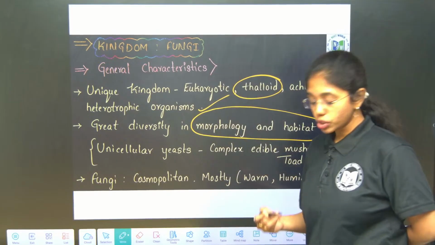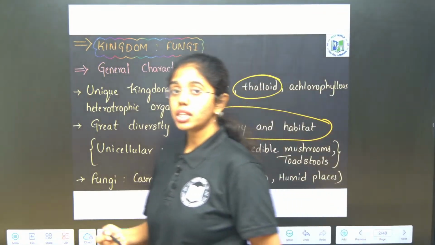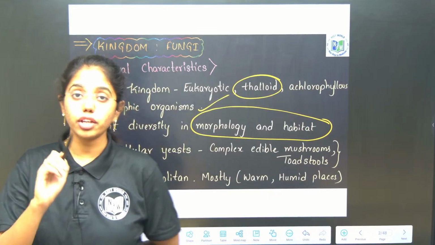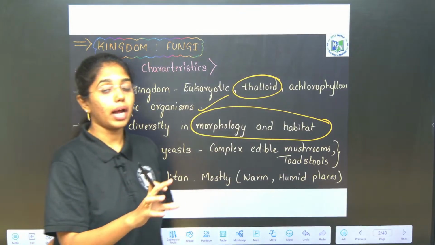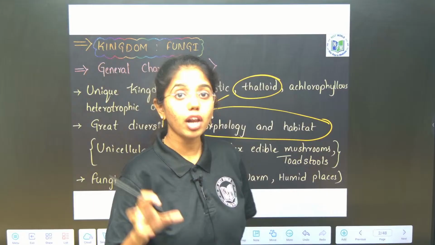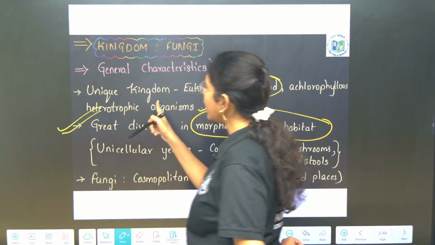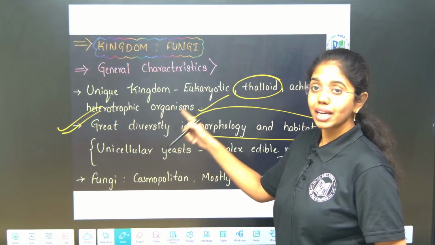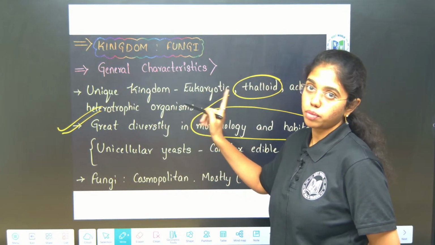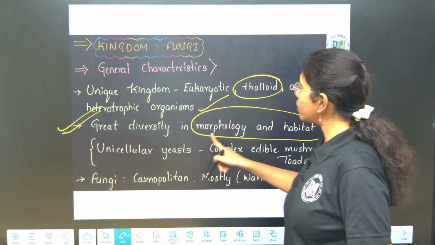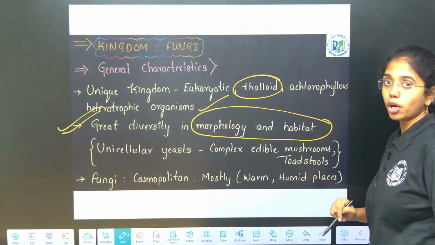In case the question is asked, great diversity is shown in the mode of nutrition, then your answer should be the kingdom Monera. Great diversity in the morphology and habitat, then your answer should be kingdom fungi. Here the mode of nutrition is purely heterotrophic. There is no diversity in mode of nutrition. Diversity you will see in morphology and habitat of fungi.